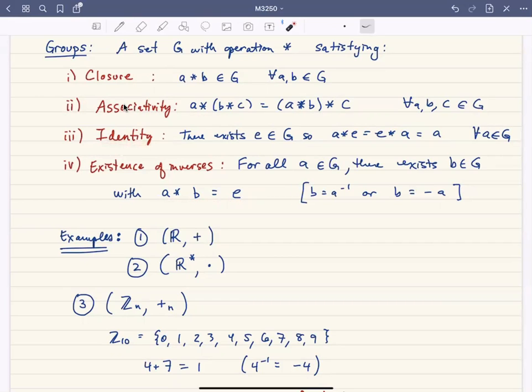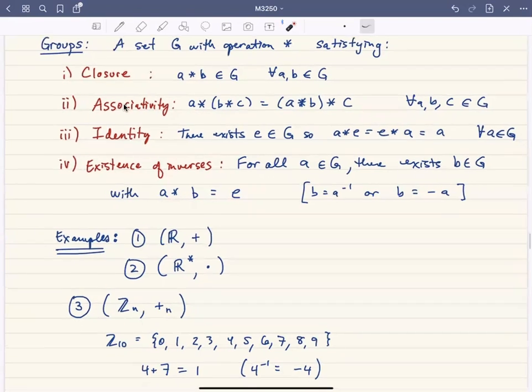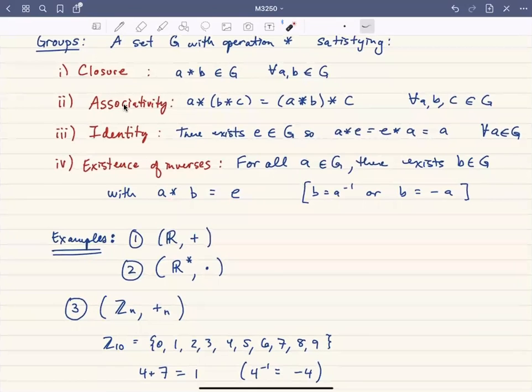If we're thinking of a group operation as being multiplication, or composition, or a few other operations like that, you can think of the inverse like that. We generally write it with the superscript notation.